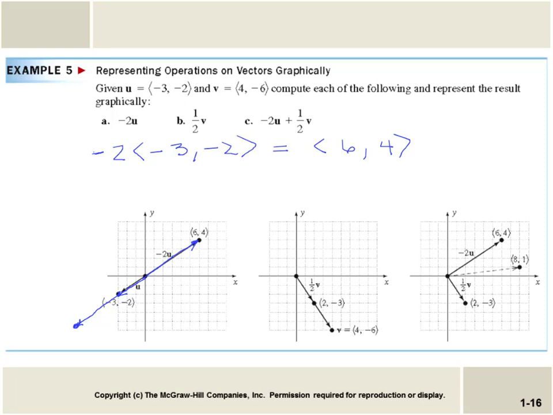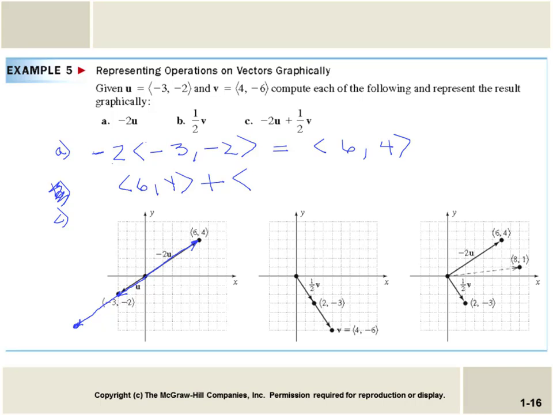Okay? So I'm not going to do B because I think it's pretty simple. I'll just do C to show you that C is just going to be minus 2u, which I already know is 6, 4, plus 1/2 v.